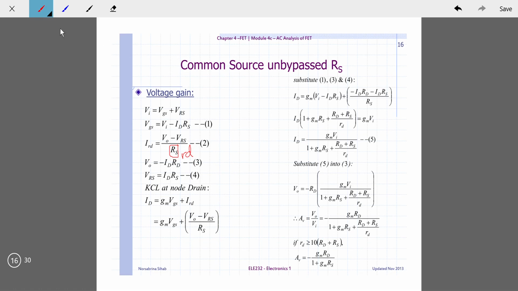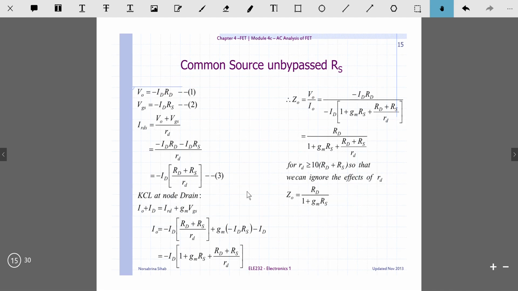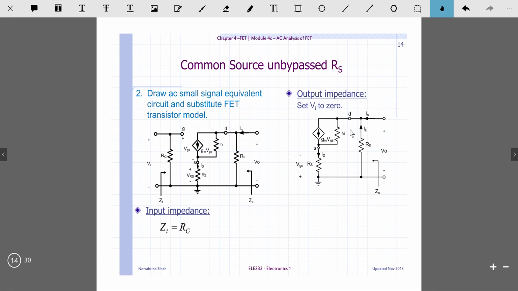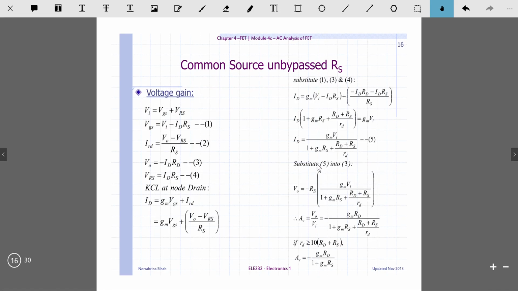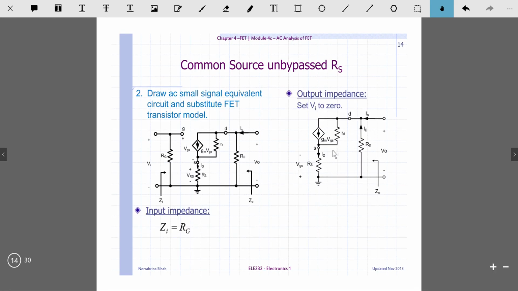So this equation comes from the output terminal over here. Okay, you have V out plus VGS and then equals IRD RD. So this is the output.